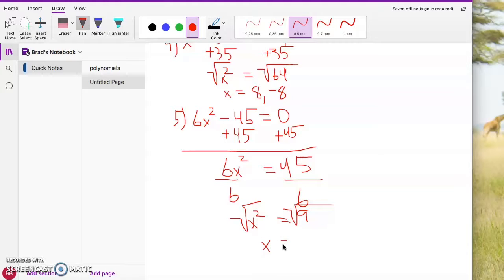The square root of 9 is 3, since 3 times 3 is 9. Trying to remember our rules about positives: if we have a positive square root, there are two solutions, 3 and negative 3. That was pretty quick, and it gets us through all the ideas on quadratic equations using square roots.